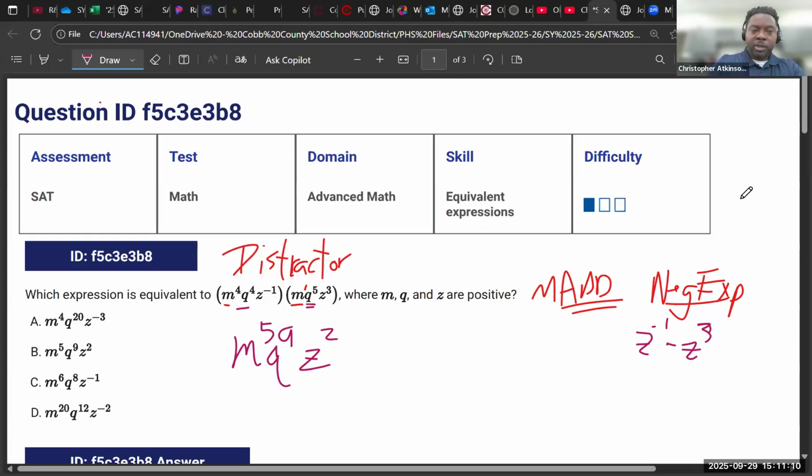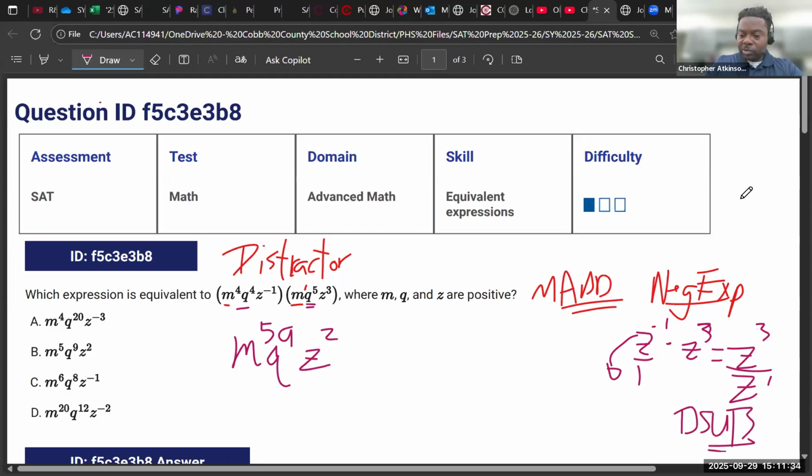A negative exponent is really like a fraction in a sense, so I'm going to kick this negative exponent to the bottom to make it positive. What I'm left with is Z cubed over Z to the first. Now we have division, and with dividing exponents we subtract. Z cubed over Z to the first gets us Z squared, which is the same thing we have.